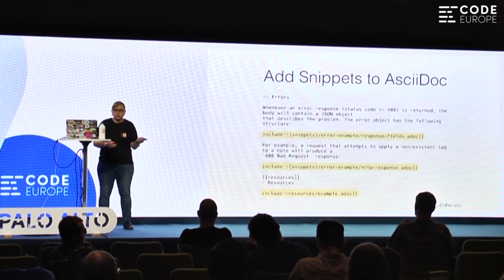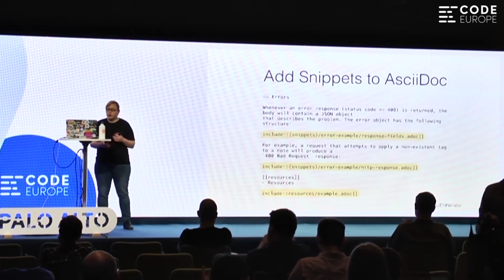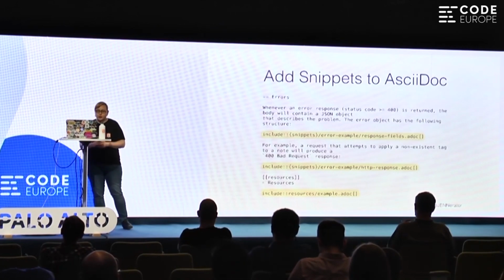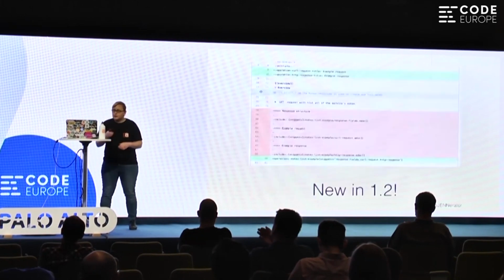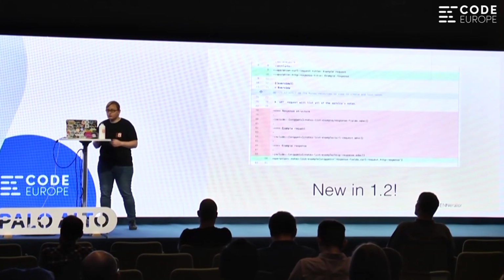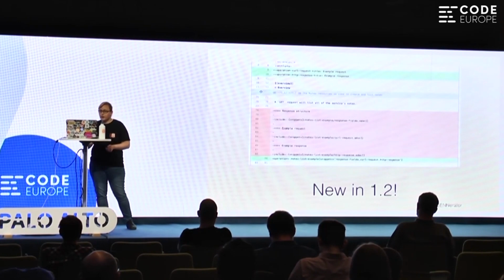So we have include from our directory of generated code the specific example that we want. The next option, now that we have this macro, is that we can reduce a lot of the manual steps and just indicate which endpoints we want, and it'll generate AsciiDoc that matches that.